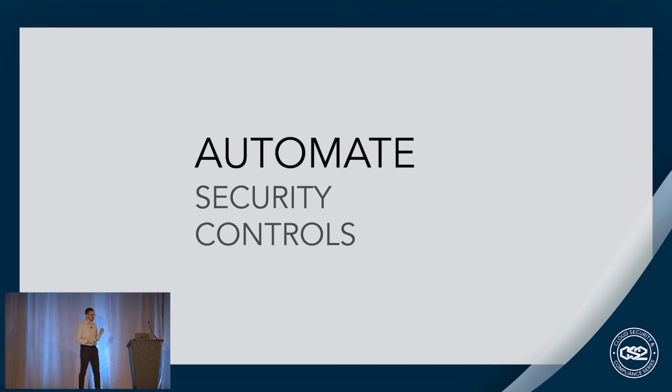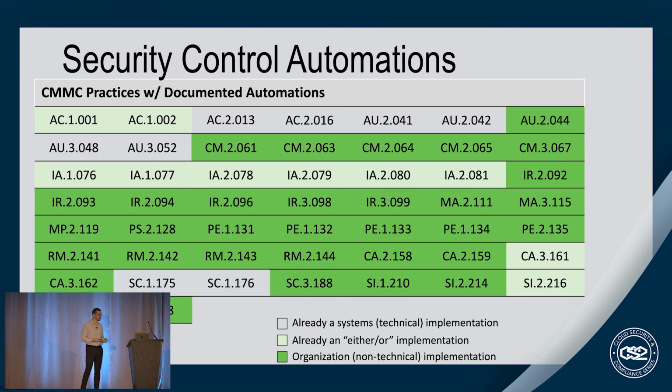When we get into the 853 controls that sit underneath CMMC and 800-171, this is just a little bit of a data analysis exercise here. These are all of the CMMC practices for which the underlying 853 control either has an automation security control enhancement, talks about automation in its supplemental guidance, or specifically uses the word automate in any of its subparts.